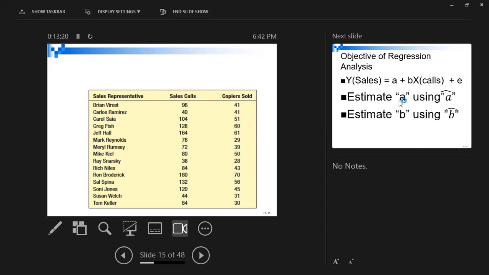Okay? So once we estimate A and B, the next thing then is to actually ask ourselves, okay, how strong is the relationship between X and Y?